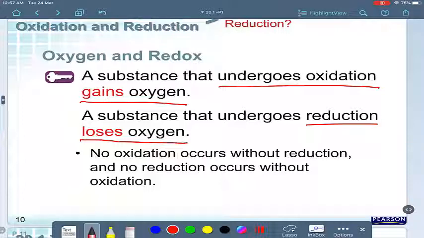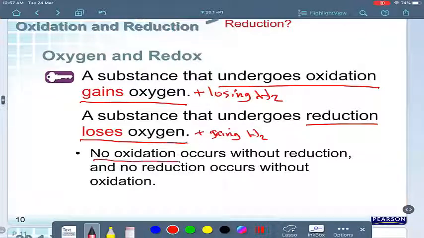Or we can say oxidation means gaining oxygen or losing hydrogen sometimes, and reduction means losing oxygen from the substance or gaining hydrogen. As I said, no oxidation alone. No oxidation occurs without reduction, and no reduction occurs without oxidation.